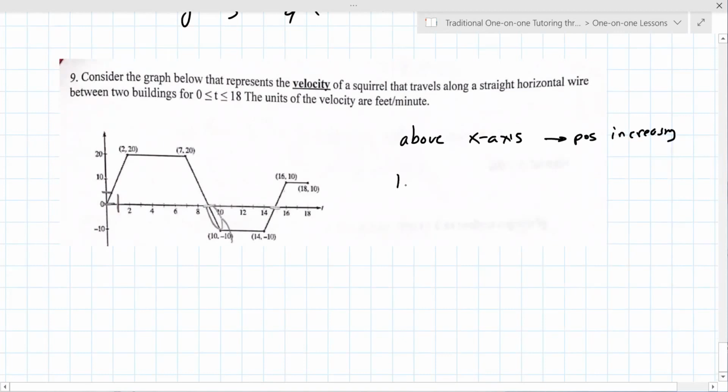When the velocity is below the x-axis, the position is decreasing. So you can think of it like this: increasing means you're getting further away from home. Decreasing is either getting closer to home or going backwards.